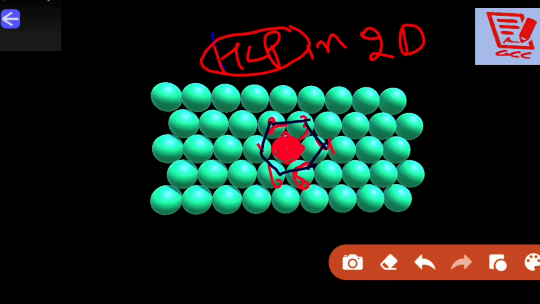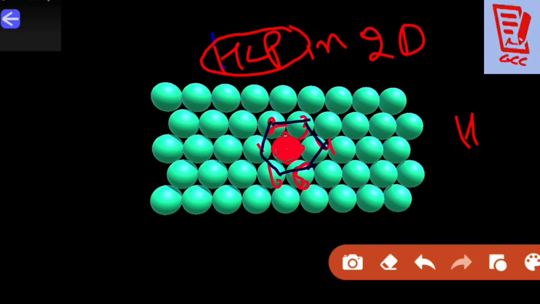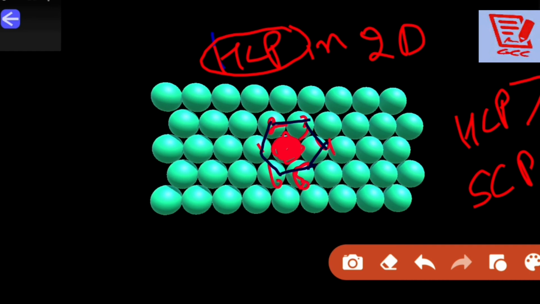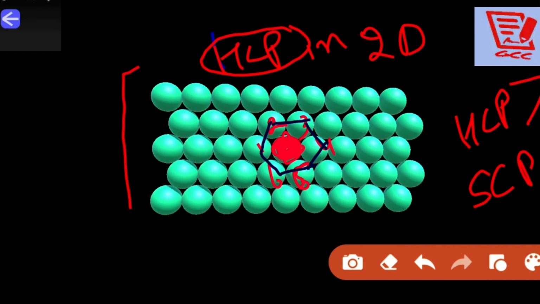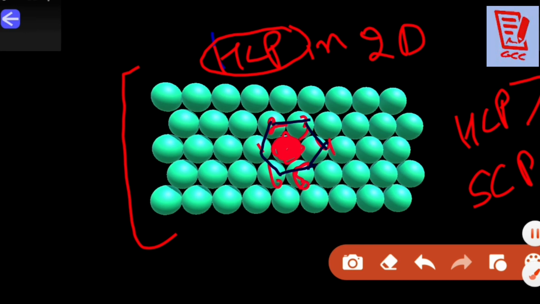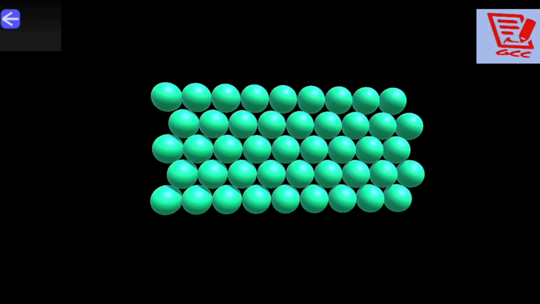Just remember one thing more: HCP, the close packing in 2D, is more stable than the square close packing, because here in this case spheres are more tightly packed. Clear? Okay, then after that we are going toward the next one.